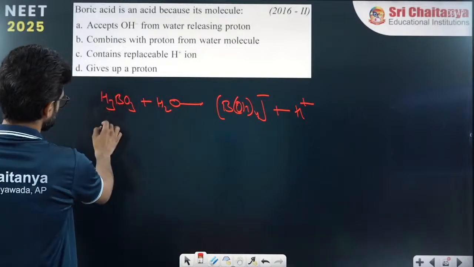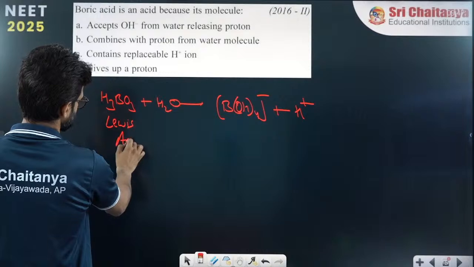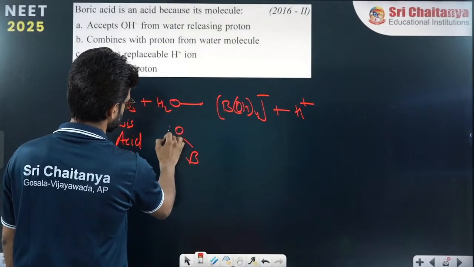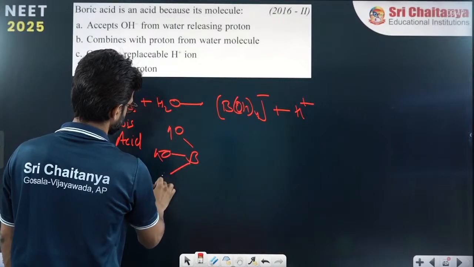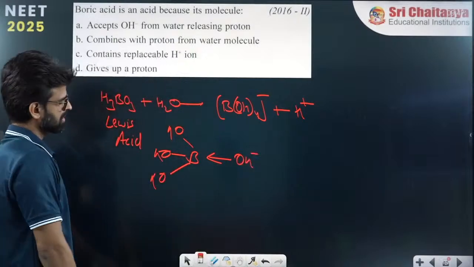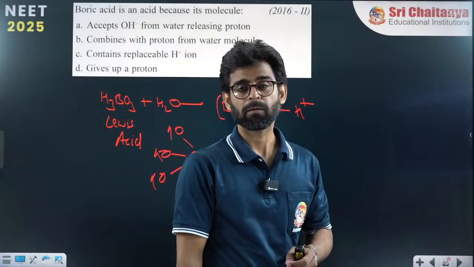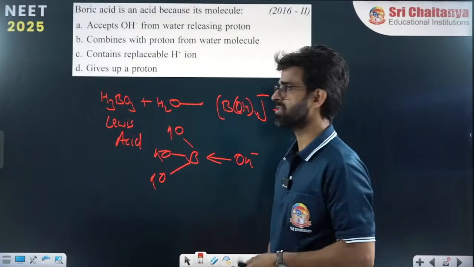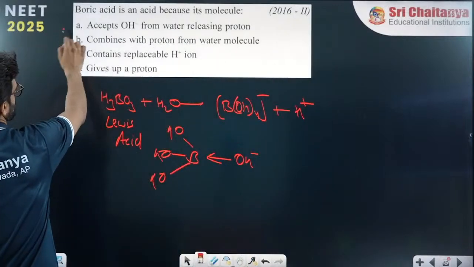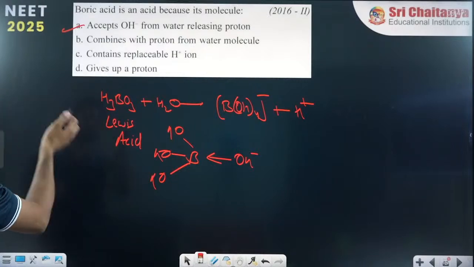So it is behaving as a Lewis acid, accepting OH, or I will say accepting a lone pair from OH negative. It is not a protic acid, it is a Lewis acid, right? It takes a lone pair from OH negative in this reaction. So it accepts OH negative from water, releasing a proton. You can say that way. Combine with proton, no. Contain replaceable proton, no. Give us proton, no.